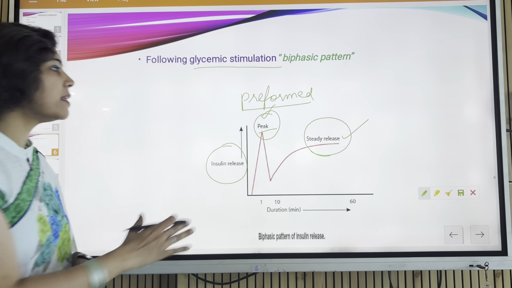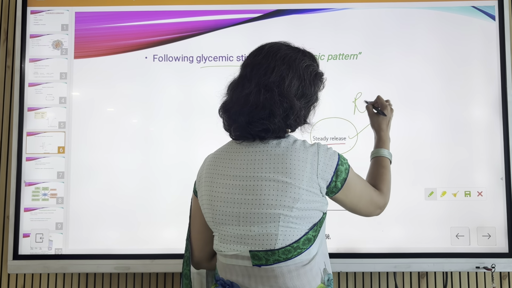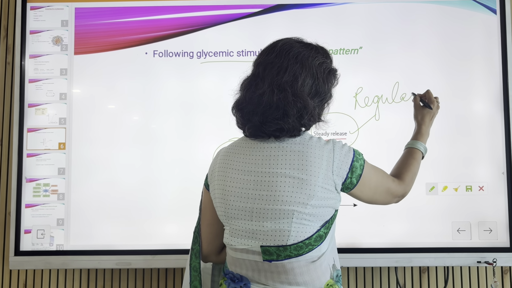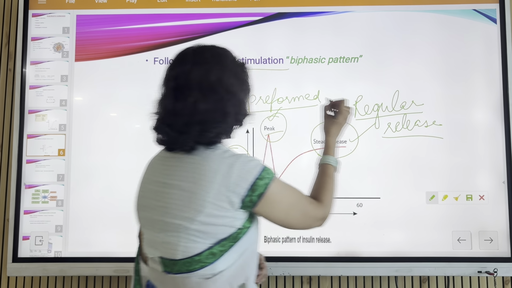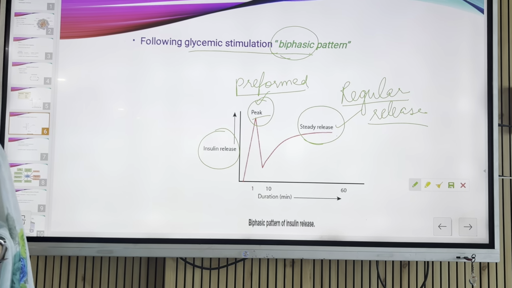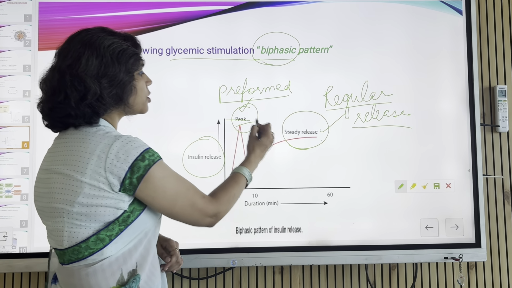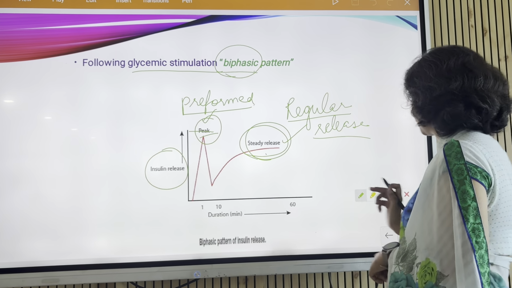Once this preformed insulin has been released sufficiently, there is a release of regular insulin. That's why following glycemic stimulation, a biphasic pattern of insulin release is observed. First is the peak secretion followed by the steady release of insulin. Okay.